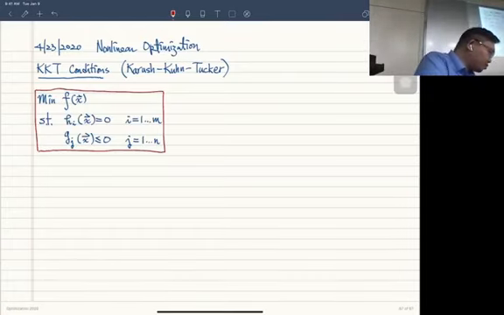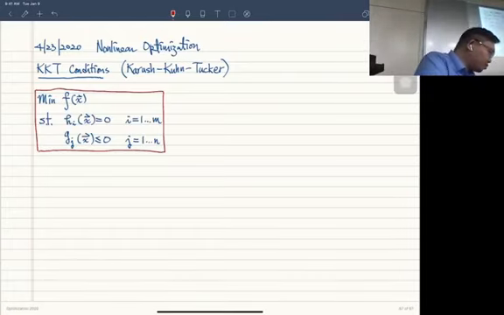In a reduced problem, or a problem that has a different format, I only have equality constraints. If I have a problem that only has equality constraints, then let's see what will happen.